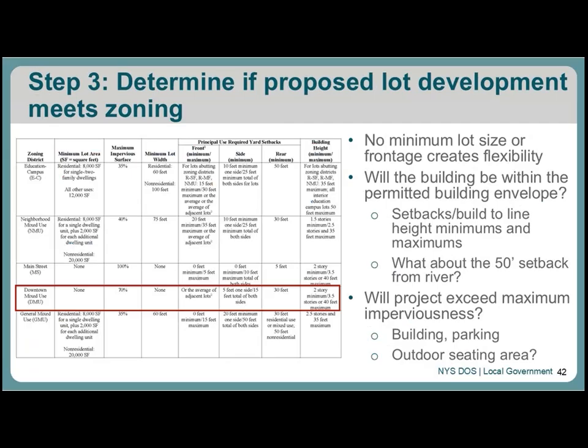That can be quite common in downtowns that are looking to create flexibility for infill development, so it allows more flexible arrangement of things on a lot, and usually there's more of a focus on setbacks and maybe build-to lines to make sure that while there aren't those lot size requirements or lot width requirements, there are still typically setback considerations or build-to lines, and both exist in this case.